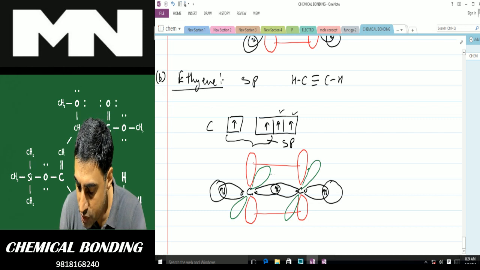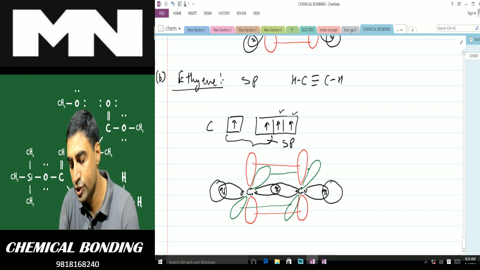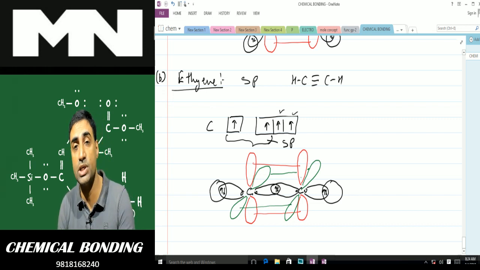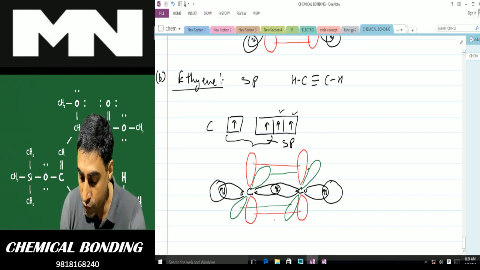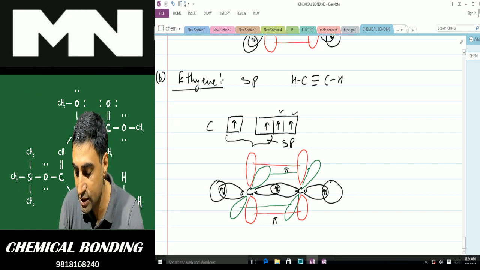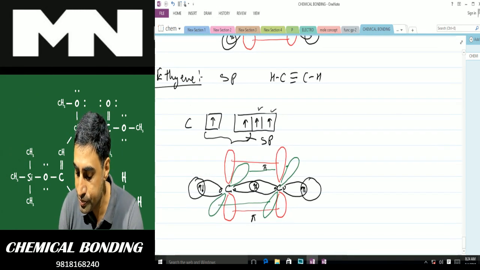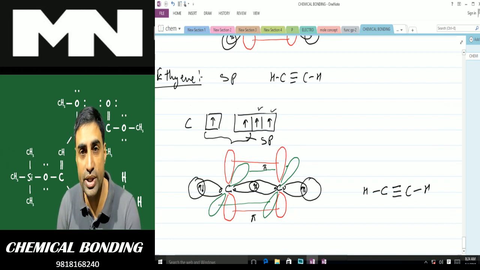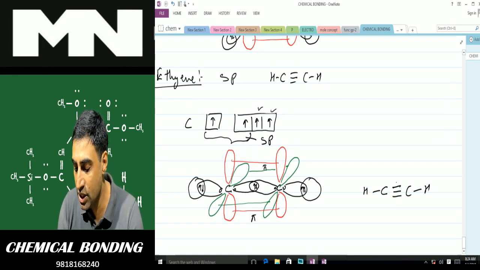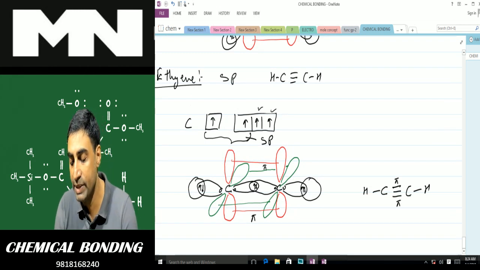These p orbitals will also overlap sideways, so they will also lead to the formation of a second pi bond. That means in alkynes we'll have two pi bonds. One pi bond is represented by the red color, the other pi bond by the green color. So between the two carbon atoms, each attached to hydrogen, you'll have a triple bond. Of these, one bond is sigma and the two bonds are pi.